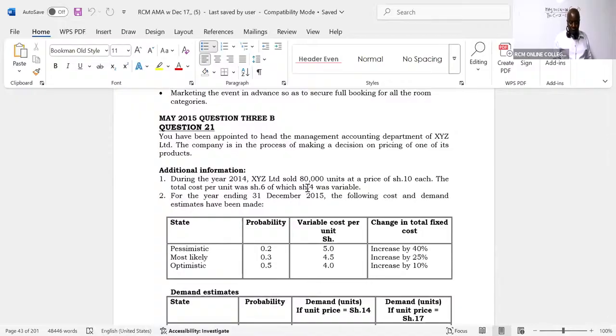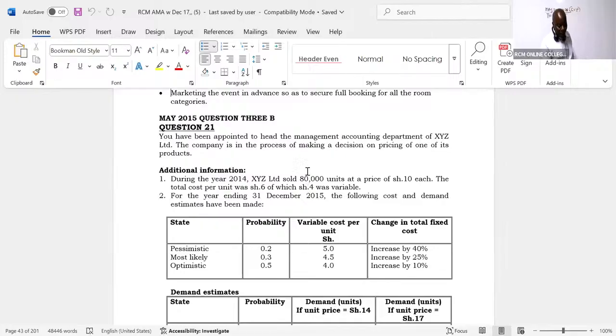So a good student should be able to use the current output to give us total fixed cost. They have given me the total cost per unit, which is 6, and 4 is variable, so fixed is 2.